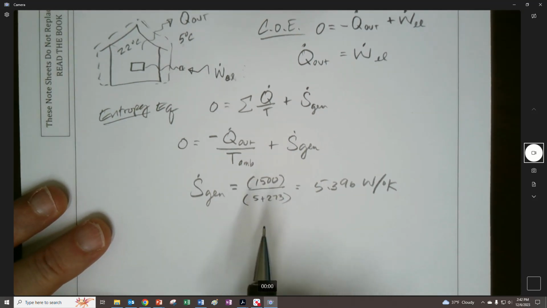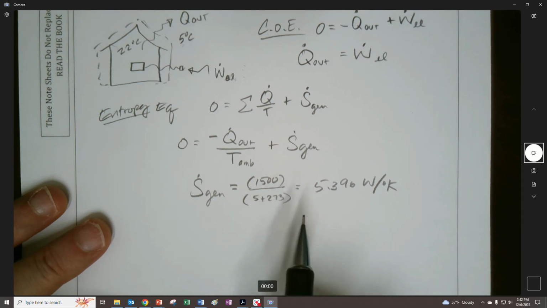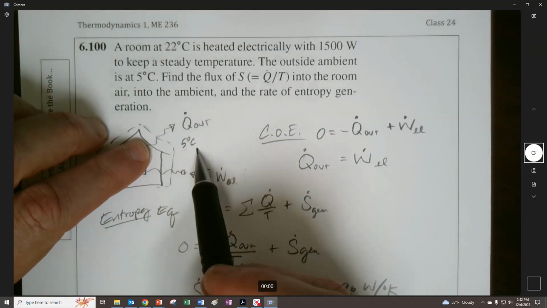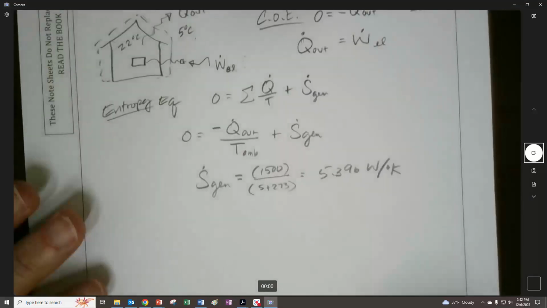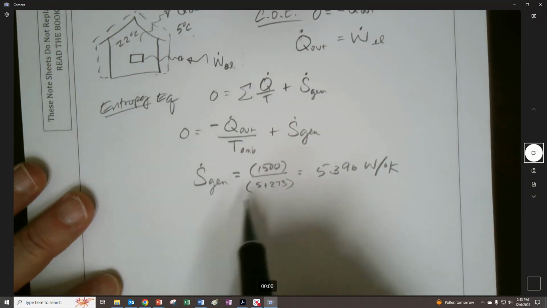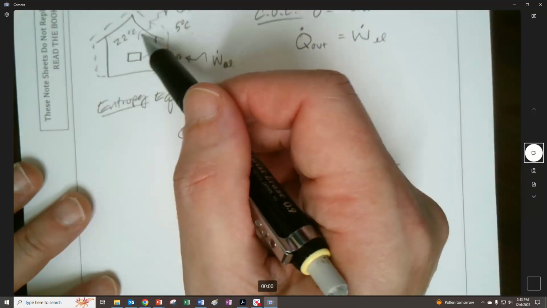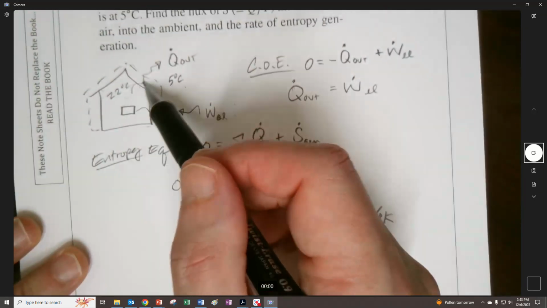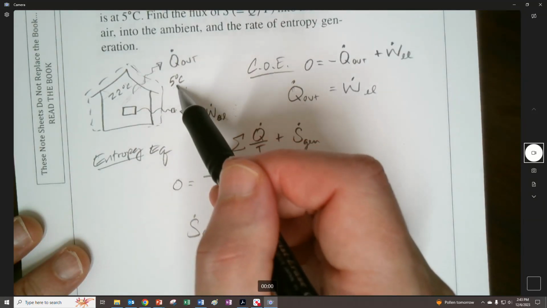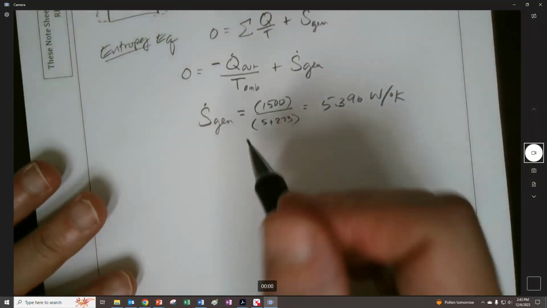Because 5 degrees Celsius is on the outside of the control volume through which the heat passes. Just as it crosses this boundary, it has to go past the 5 degrees Celsius, so that's where the entropy generation occurs. Before it moves through this boundary, it hasn't had to generate any entropy. It's the act of going across this boundary to the 5 degrees Celsius.